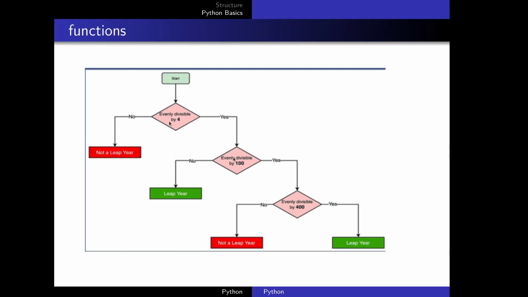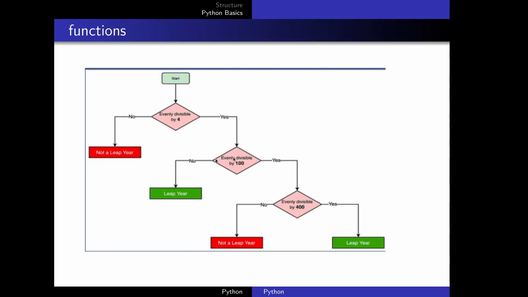So this is the flow chart for a leap year according to that description. If the year is not evenly divisible by 4, then it's not a leap year. If it is divisible by 4, we have to check whether it's evenly divisible by 100.